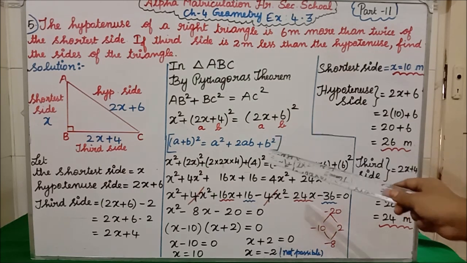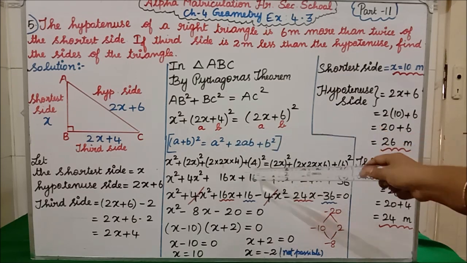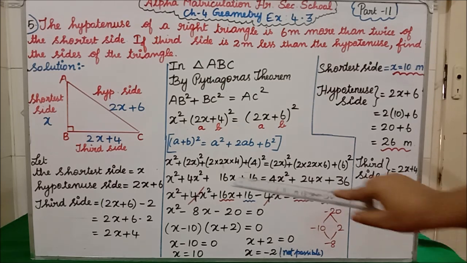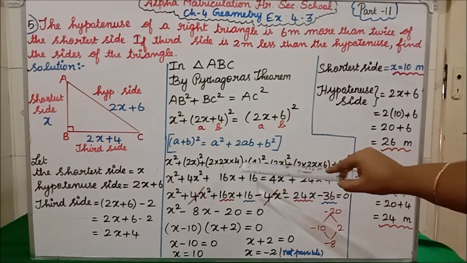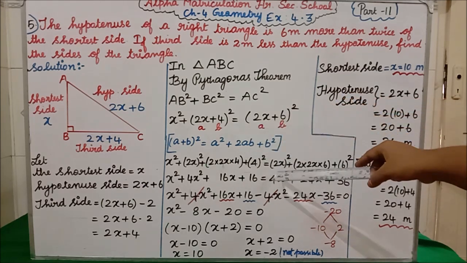Clear? Then afterwards plus, instead of b what do I have now? 4. So I am writing (4) the whole square. Clear all of you? Okay, up to this is a square, this is 2ab, plus b square. b square is what? (4) the whole square. Clear all of you? Then this equal to I have written.